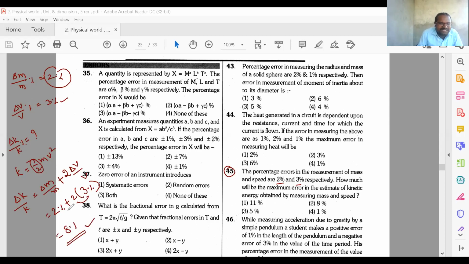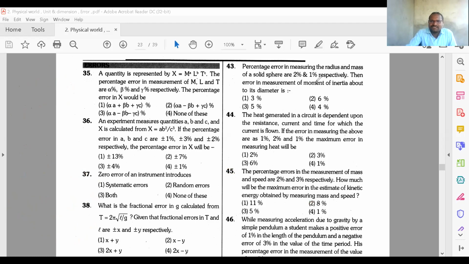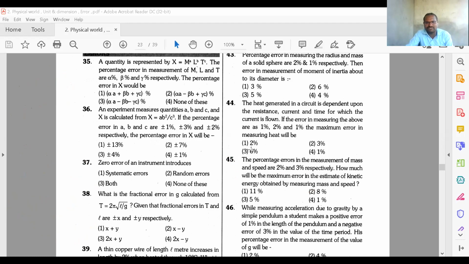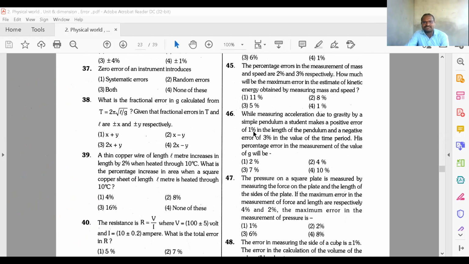So percentage error in the measurement of kinetic energy is 8%. Option 2 is the right answer. Yes, this type of questions. Practice this type of questions. Next, you take question number 46 also. Let us take question number 46.